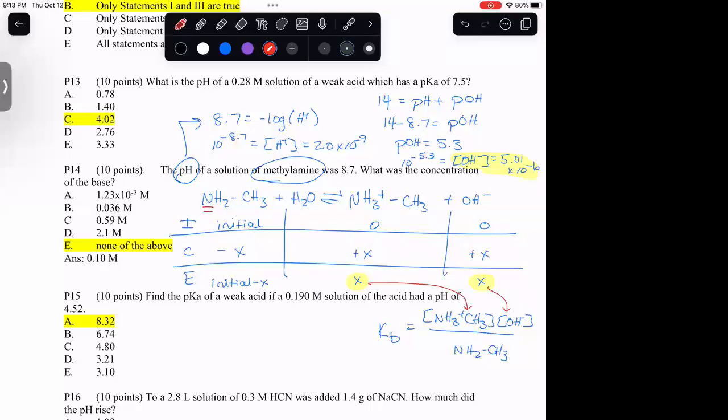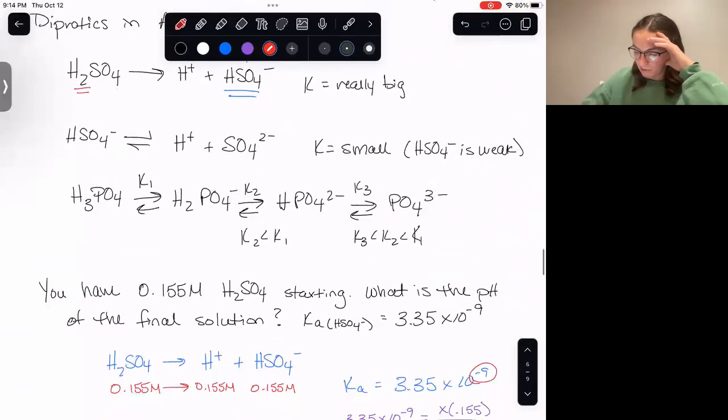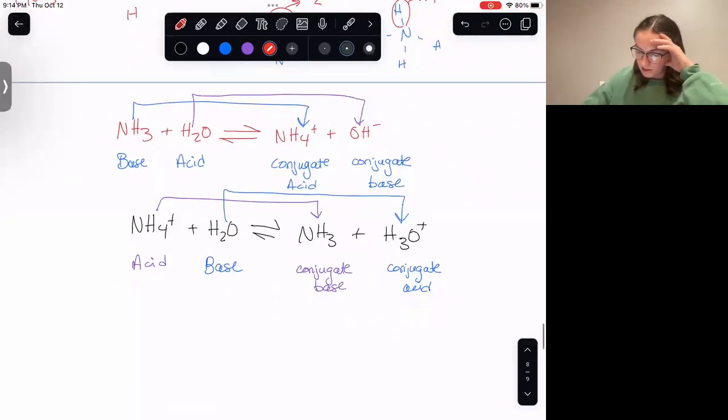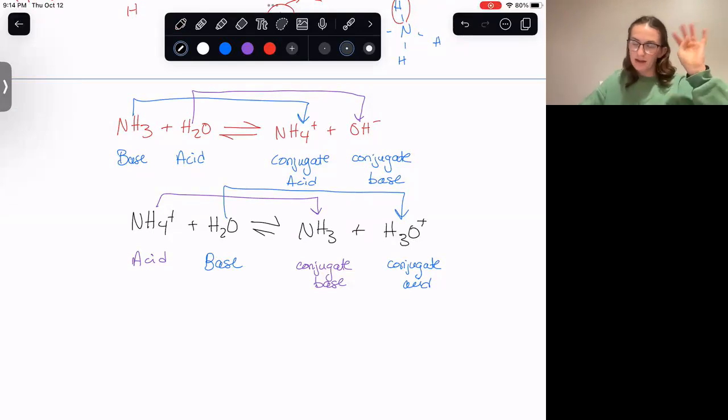Okay. And then I had one more question in the chat just about what we were talking about right before that. So when it comes to your conjugate acids and bases, you can have, I guess, four necessarily different scenarios in terms of your initial acid or base, and then its conjugate acid or base.